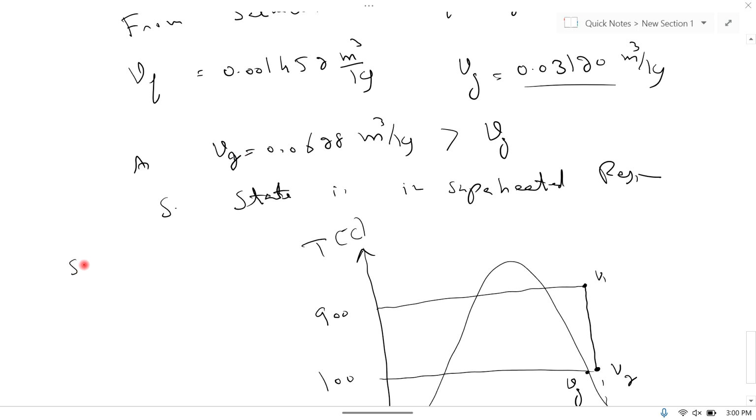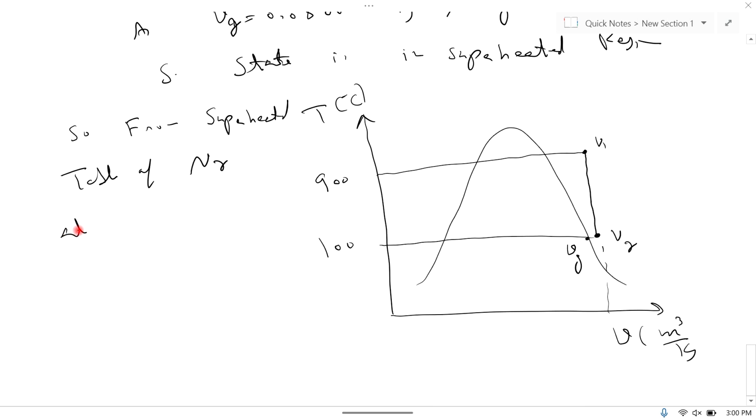So we will use superheated table to find U2. So from superheated table of nitrogen at pressure P2, P2 is not available, as temperature T2 is equal to 100 Kelvin and volume V2 is equal to 0.0628 meter cube per kg.